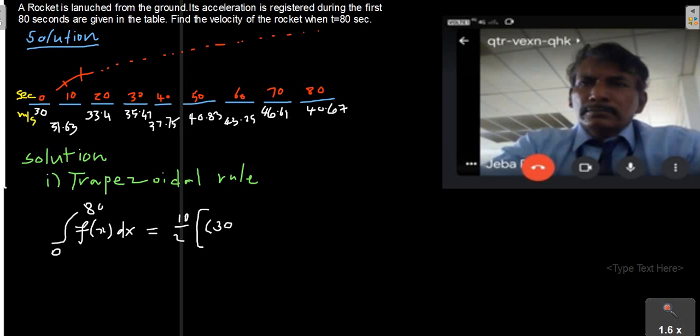Okay, first velocity and the last velocity. So that's 30 meters per second plus 40.67. So that's the first bracket. Plus 2 times the sum of the other velocities.